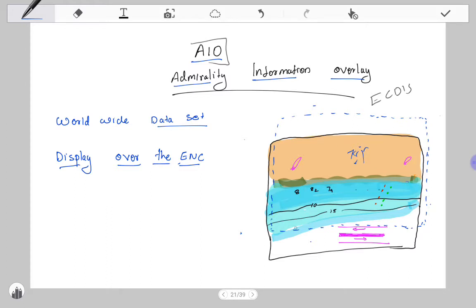In this AIO cell, the TNP notices to mariners for that region are saved.